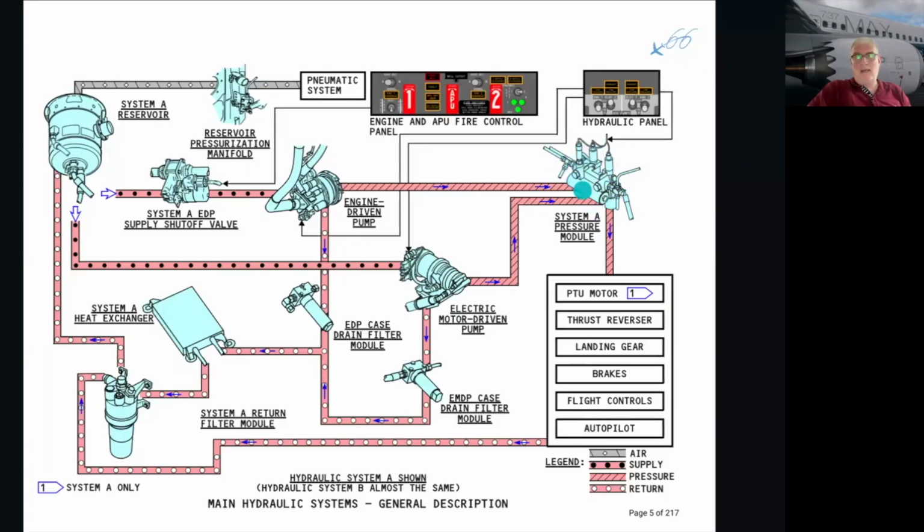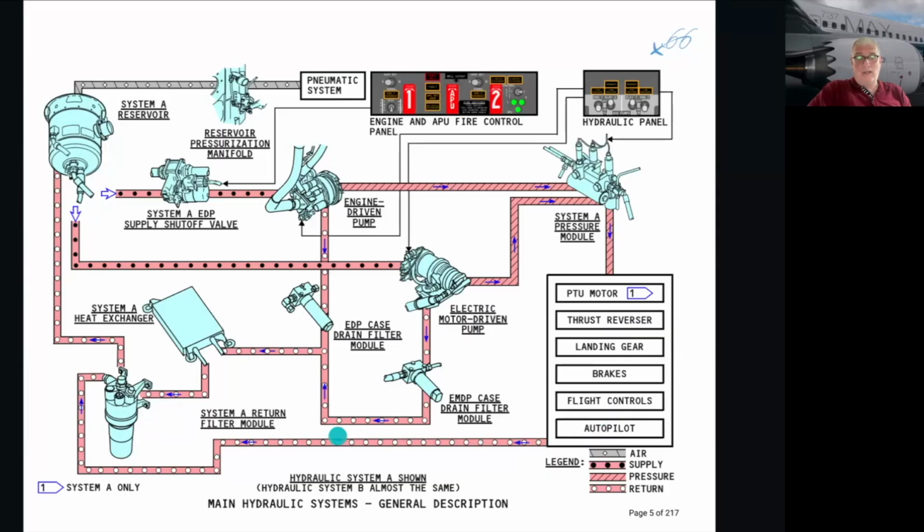This is where all the hydraulics is concentrated and then gets diverted to the users. Which are the users? The PTU motor, the thrust reverser, the landing gear, the brakes, the flight controls, and the autopilot aileron servo. That's how it goes. Once it's been used, it returns.